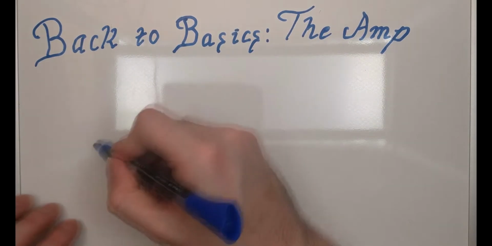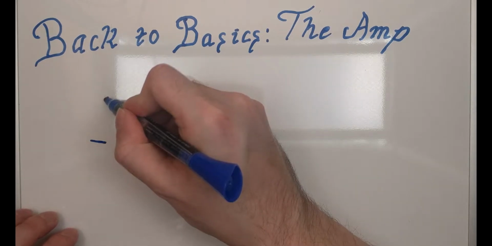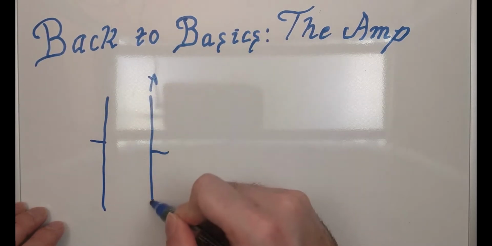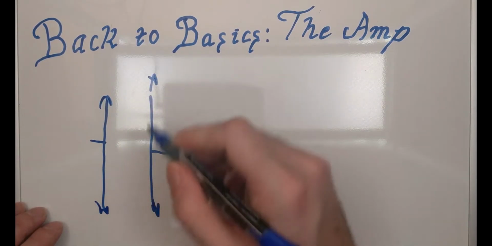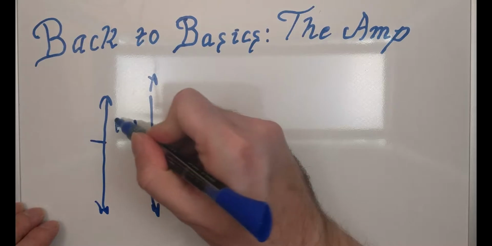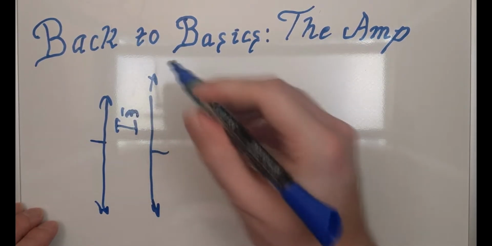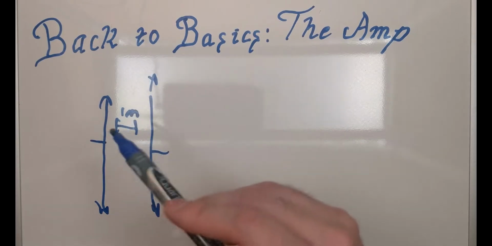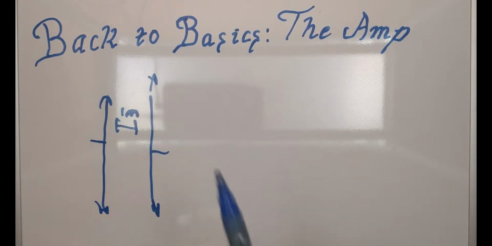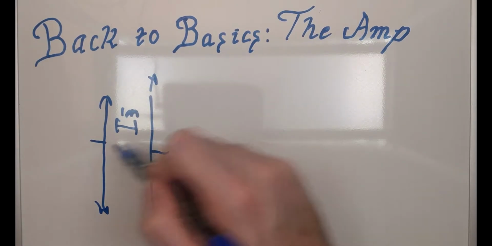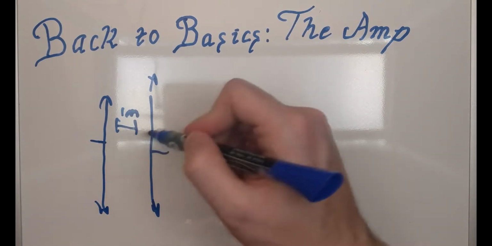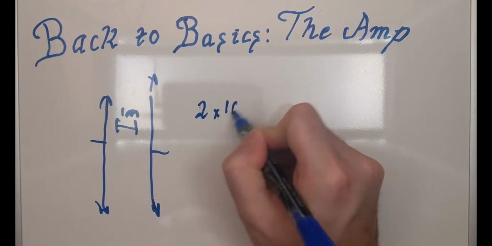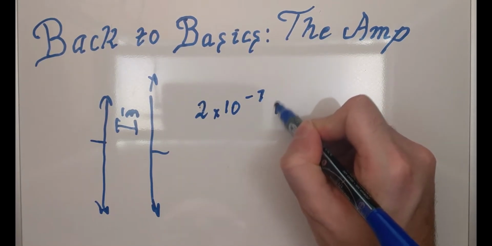SI defines the amp as a constant current which, if maintained in two straight parallel conductors of infinite length, so these extend out forever in this direction and that direction, and if they are placed 1 meter apart, between two straight parallel conductors of infinite length of negligible circular cross-section, so basically infinitely small conductors, placed 1 meter apart in a vacuum, it will produce a force between those conductors equal to 2 times 10 to the negative 7th newtons.